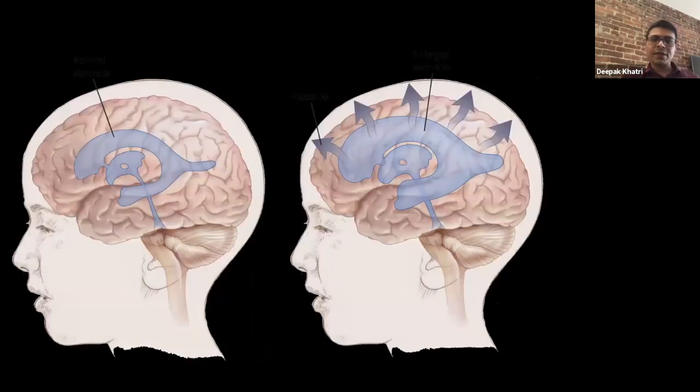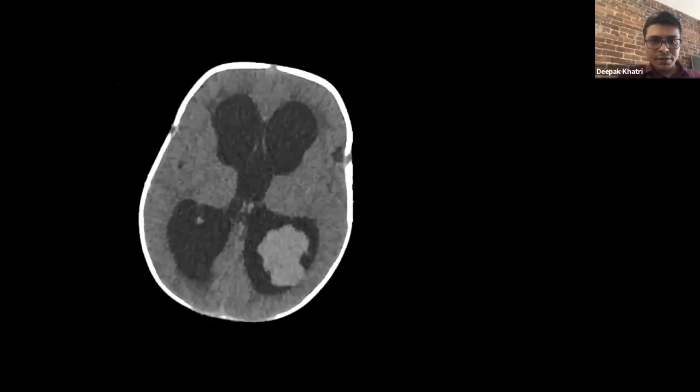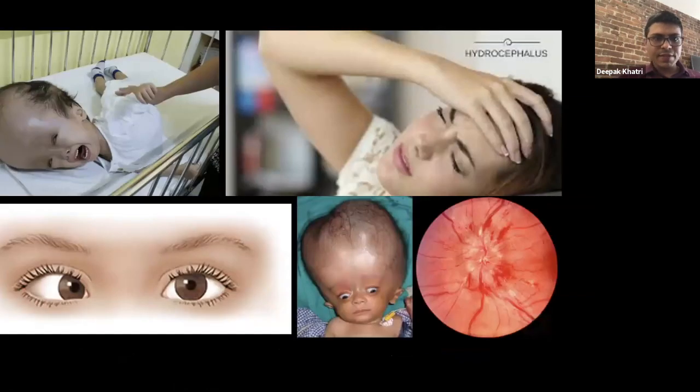So whatever is the cause of the obstruction, either at the level of arachnoid granulations or anywhere proximal to it, it leads to increase in pressure inside the brain. And basically, because of this increased pressure inside the brain, there are multiple symptoms which can happen.